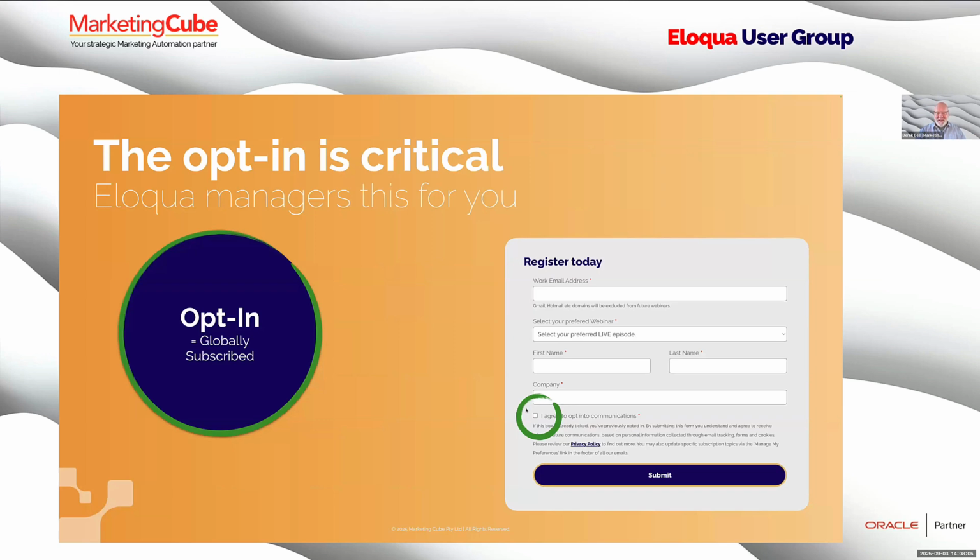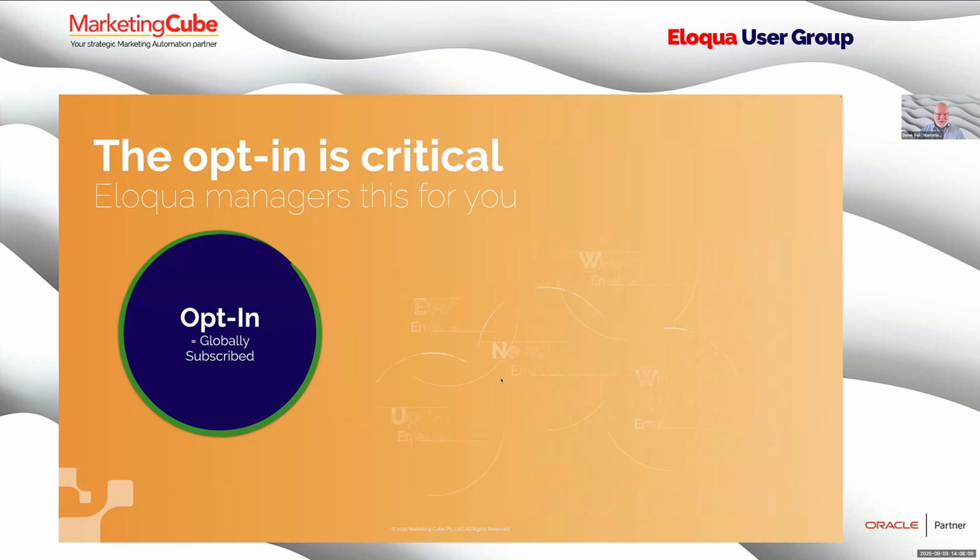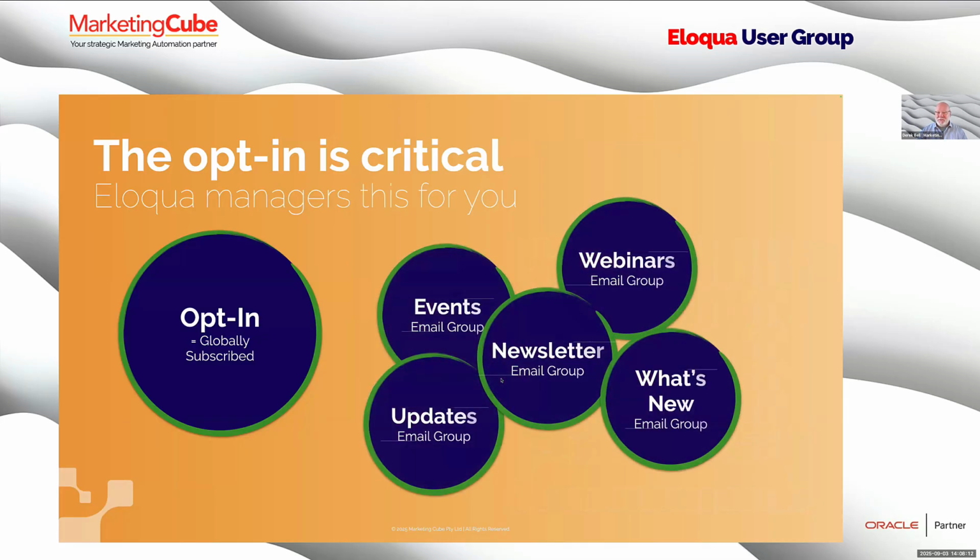Now, sitting behind the globally subscribed construct are all of your email groups. These will be different for everybody. You can call these email groups whatever you want. I've just thrown some examples on the page as to what we might call them. They are assigned to each email asset when you create them, and they give people the ability to pick and choose what they actually want to hear about from you.